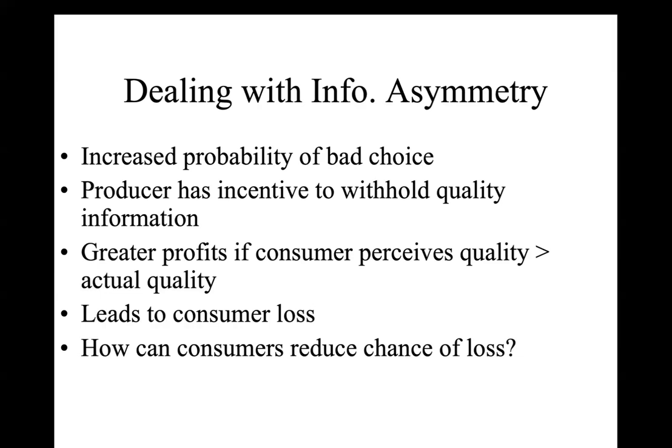And so how do they reduce the chance of loss? Well, one of the things that we can do from a regulatory perspective is we can make hidden information more public. And I take this a step further and say, make quality information that is relevant to decision quality more available in a consumable way, right?